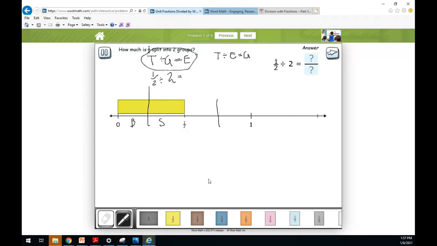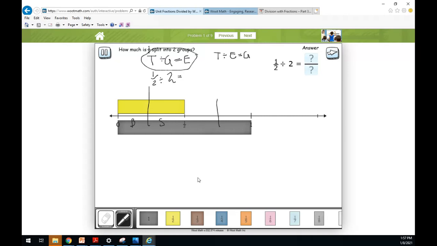For example, here I'm going to get 1/4, because I want to look at things in relation to the whole. A fraction is a part of a whole, so when we look at fractions, we look at the relationship to the whole.